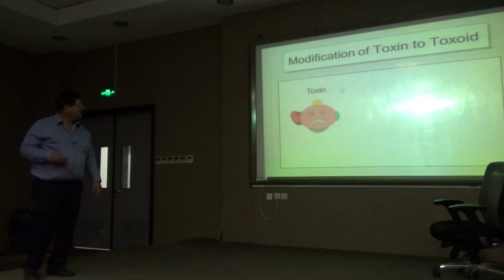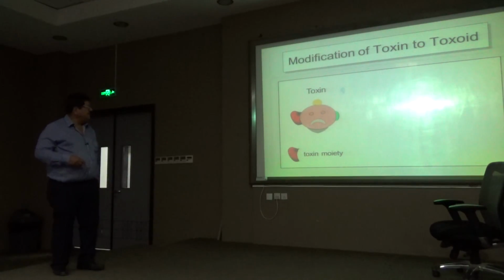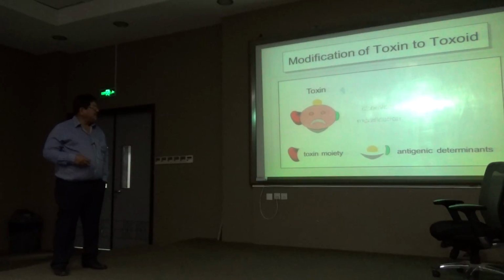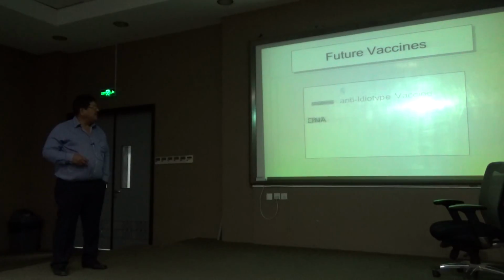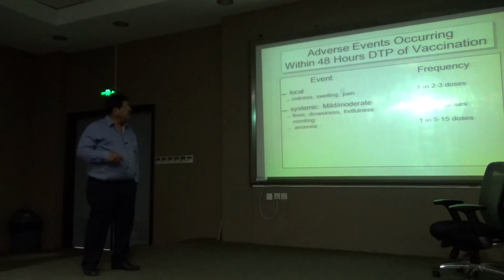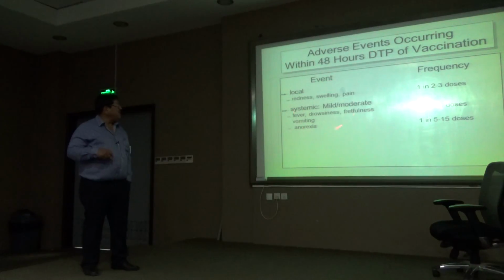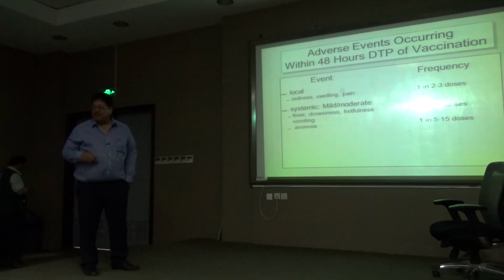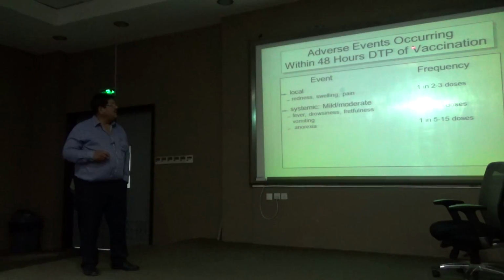All right? Here are your toxins. Here are your toxoids. Okay, forget it. Now, I have to go. These are some of the properties that you will see in adverse reactions, especially with DTP.